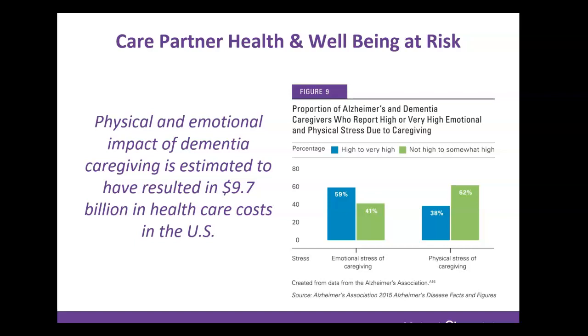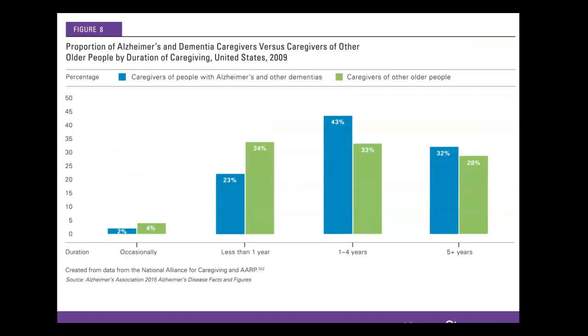And so it has a biological consequence, a psychological consequence, and a social consequence for families as well as the patients who suffer from dementias in general, and particularly Alzheimer's.